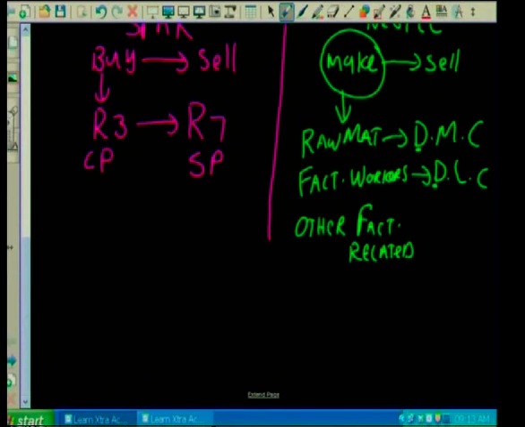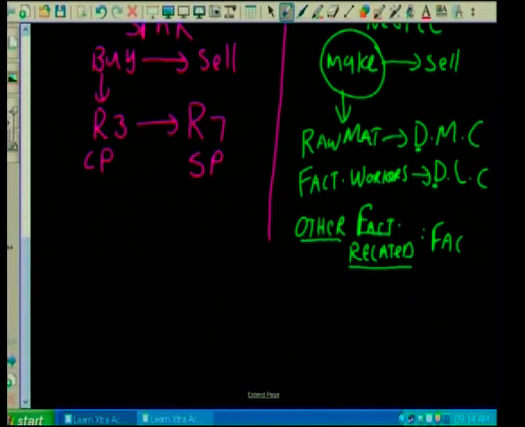Okay, factory related costs, and guys, I can't write all of them down, but in accounting, or when we're doing manufacturing accounts, we group together all of these other factory-related costs, and we call them manufacturing overheads, or some textbooks refer to it as factory overheads. So let's write that down. Our factory overheads. Overheads, guys, is just another word for cost, or we can call this manufacturing cost.